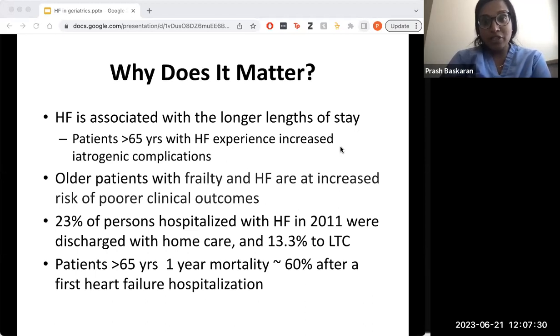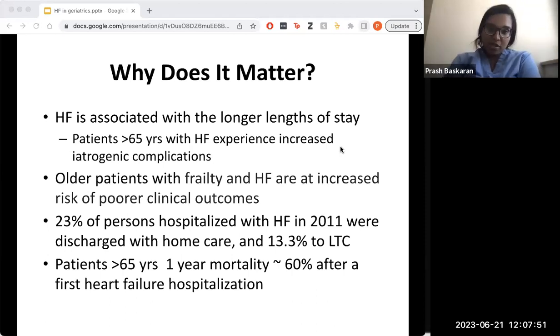Mortality after heart failure diagnosis is approximately 30% in the first year, and it exceeds 50% in 5 years with other comorbidities. But in hospitalized patients, you can even have a higher mortality of greater than 60% after your first hospitalization for heart failure.